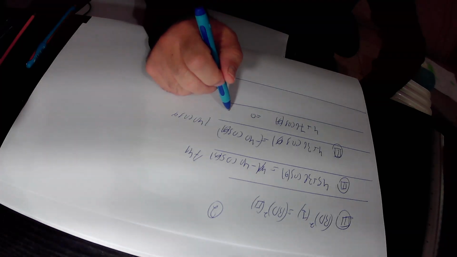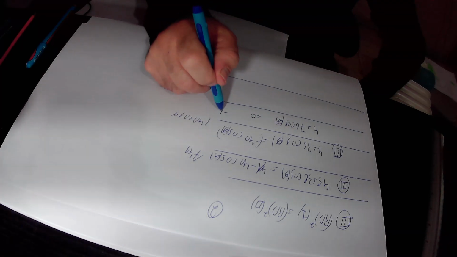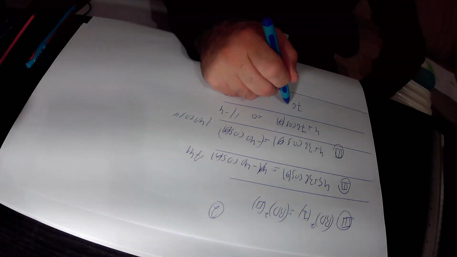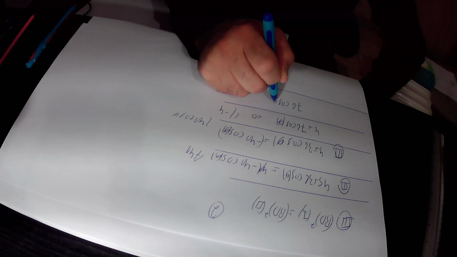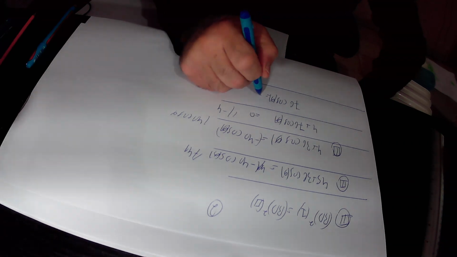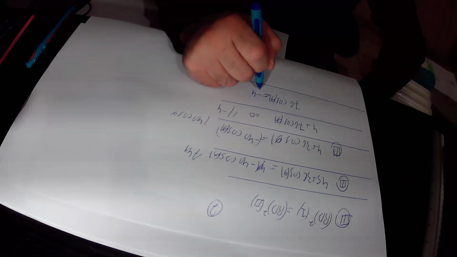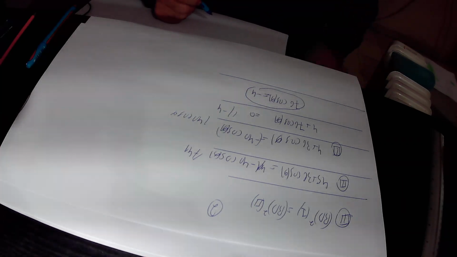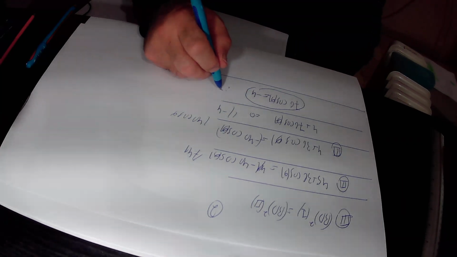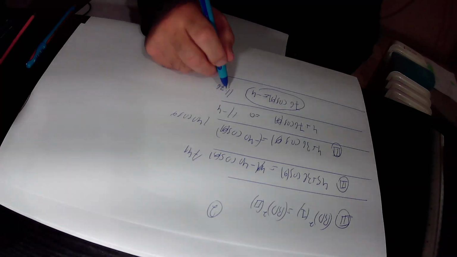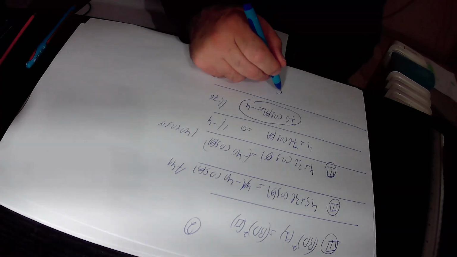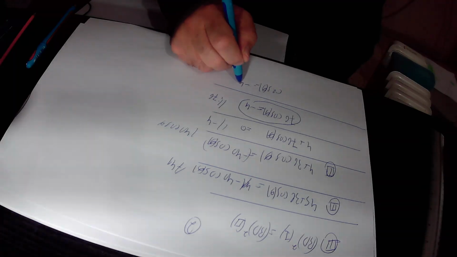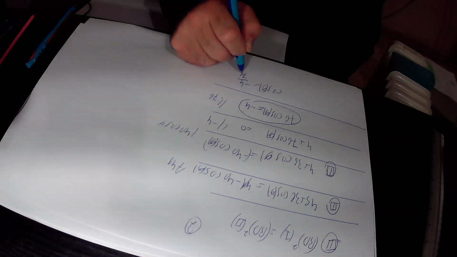Here we subtract 4 from the equation, and we get that 76 times cosine alpha equals minus 4. So here we will divide this equation by 76, and finally we get that cosine alpha equals minus 4 over 76.